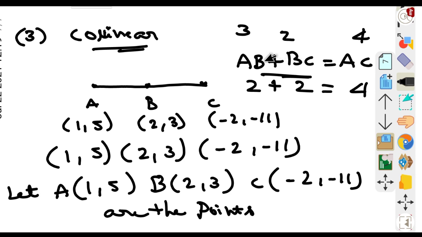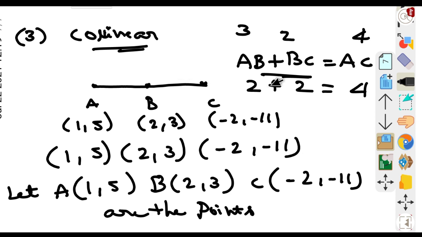Now add the answers for AB and BC. If the sum is the same as the answer of AC, then we can say directly these three coordinate points are collinear points.